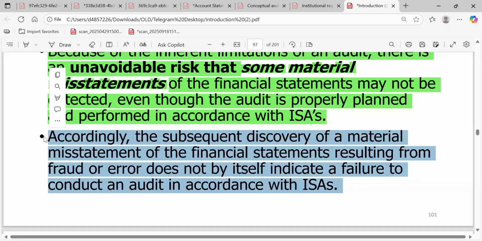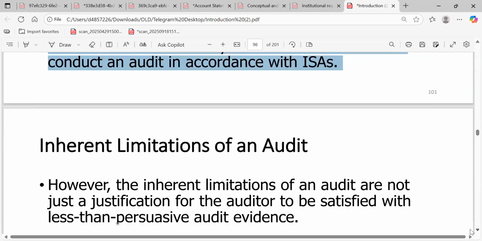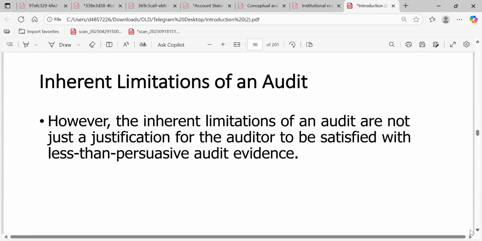So if after the audit there is evidence that a material misstatement existed or there was fraud that the auditor was not able to detect, that doesn't negate that the audit was done in accordance with the ISA, because the inherent limitation will stay and limit the auditor.